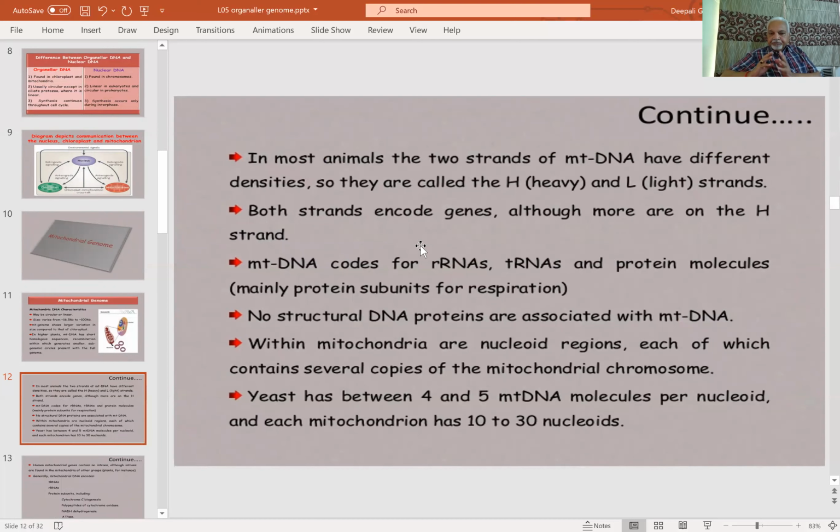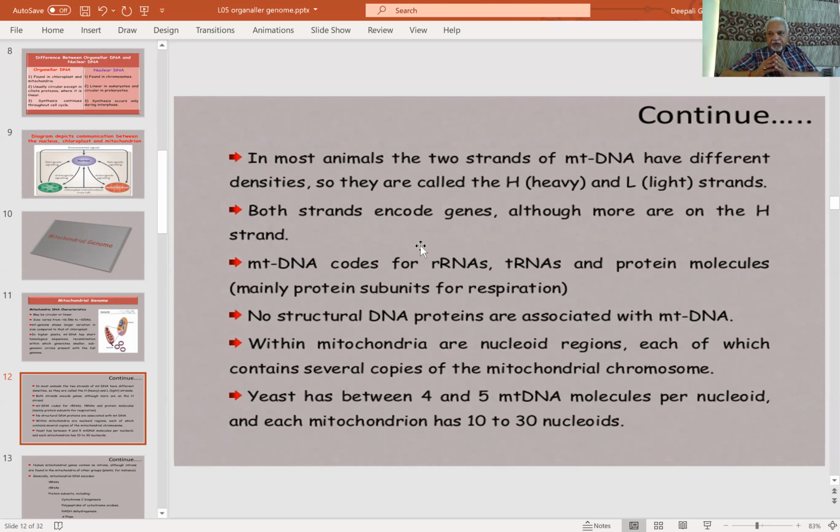And in mitochondrial DNA, the genes are located on two strands, heavy strand and the lighter strand. The heavy strand has more genes as compared to the lighter strand.